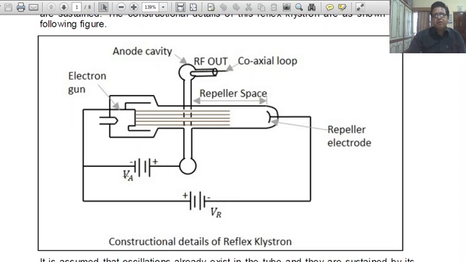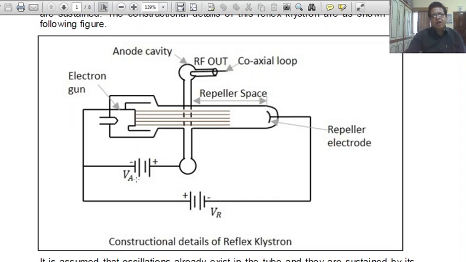After the anode cavity, at the end, a repeller electrode is here, and the potential between repeller and cathode is VR.